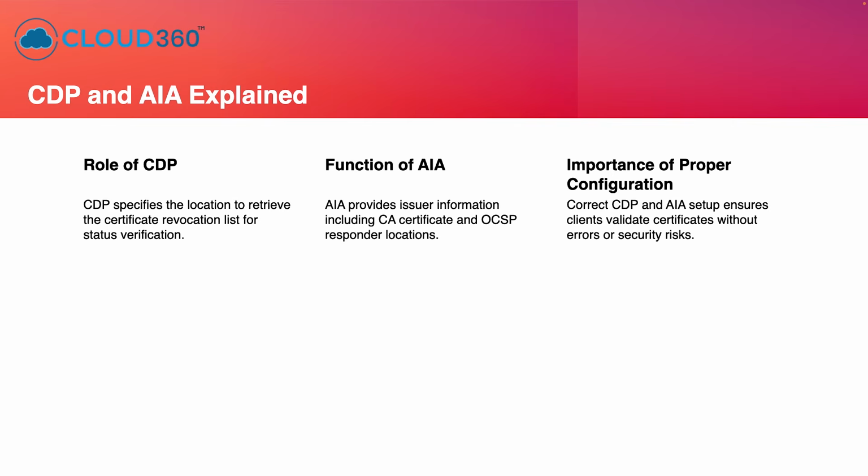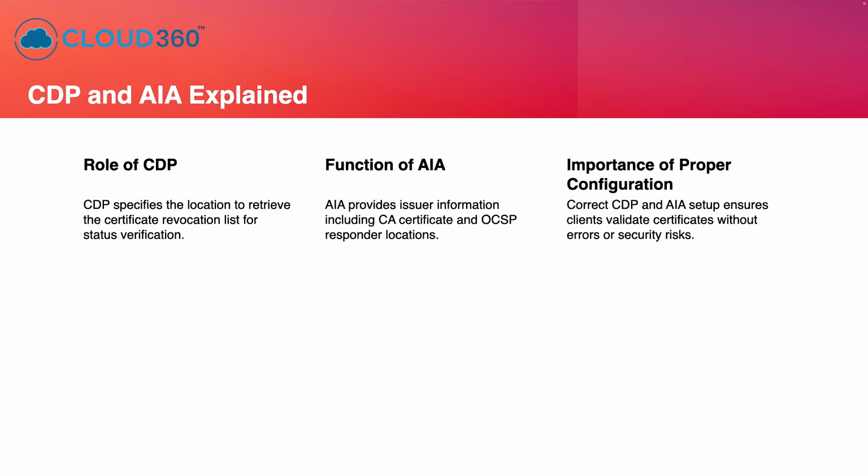AIA provides information about the issuing CA, including the location of the CA certificate and online certificate status protocol OCSP responders. These extensions are embedded in issued certificates and are used by the clients during the validation process.